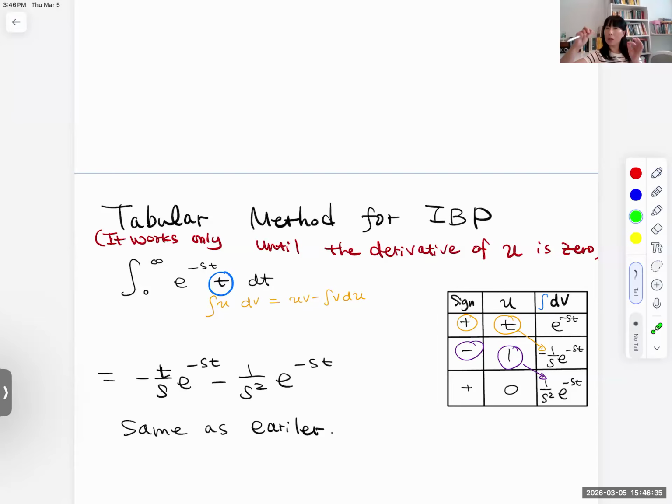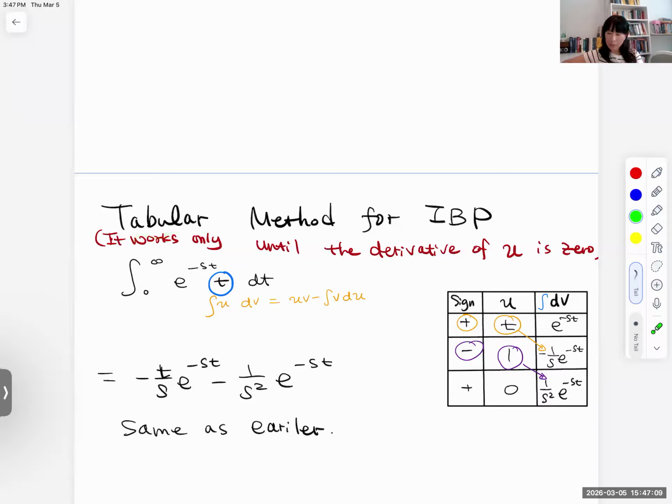If we cannot make a 0, then we cannot use this method, because we cannot continue. If we can make 0 easily, then this is really easy. So I make the table. This is the tabular method.